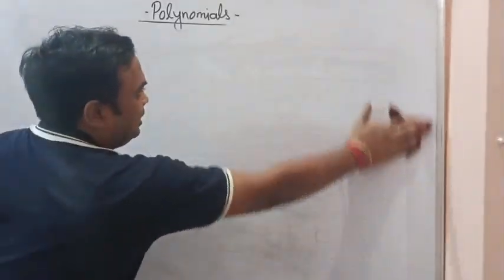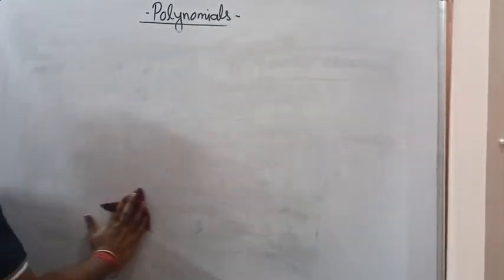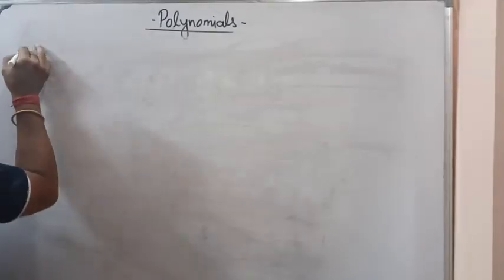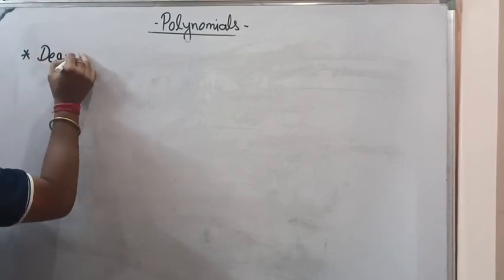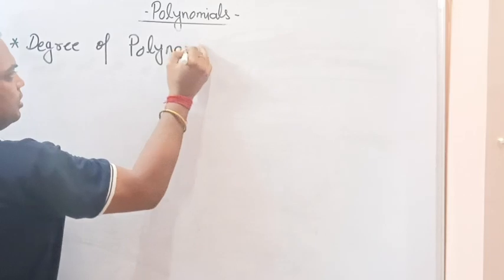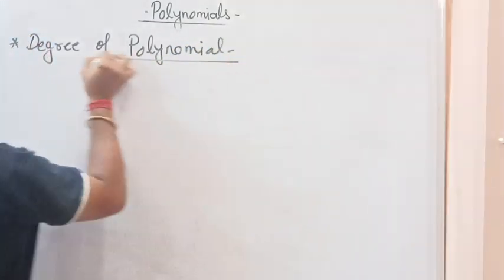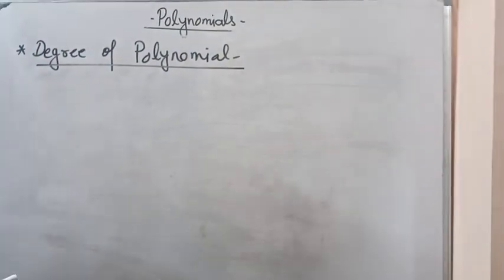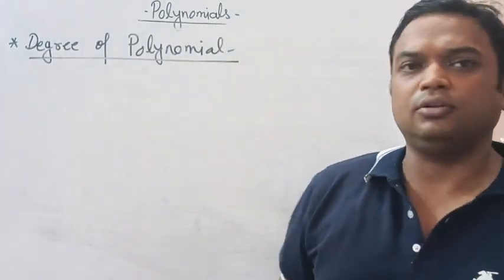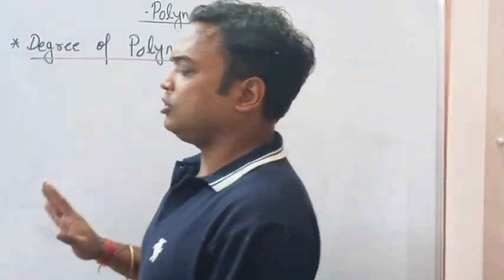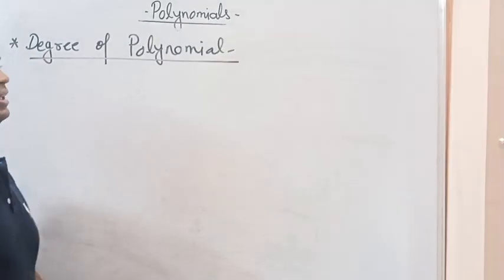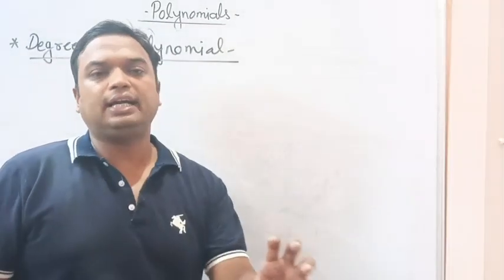How can we find the degree of a polynomial? If we want to see the degree of the polynomial, then we will see first of all the polynomial will be in one variable. If another term is given, then that term will be a constant.